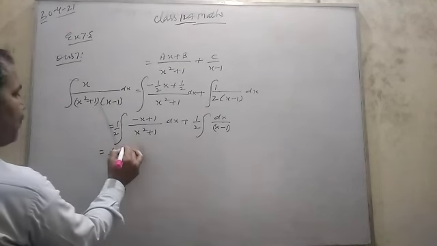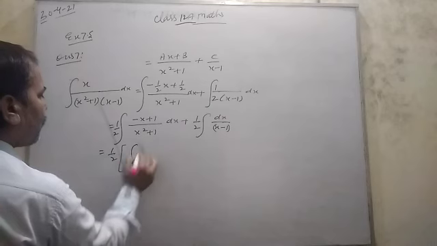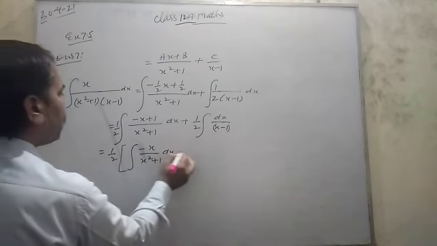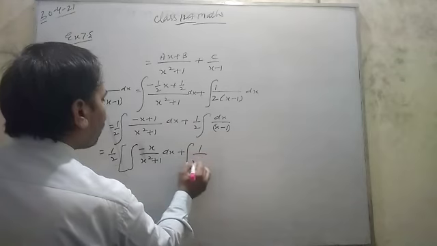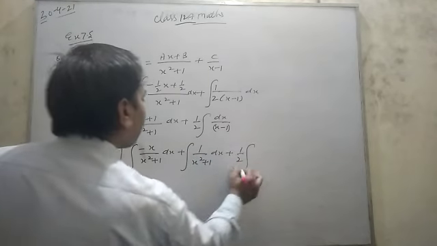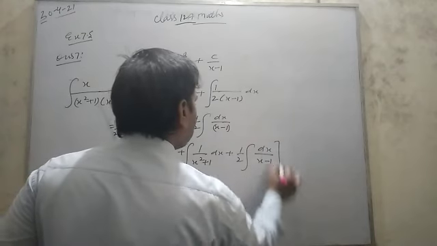So separately integrate it. Okay, so minus x upon x square plus 1 dx plus 1 upon x square plus 1 dx plus 1 by 2 dx upon x minus 1.